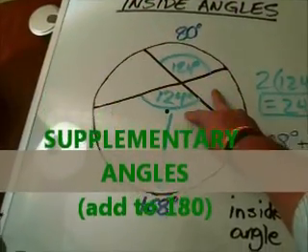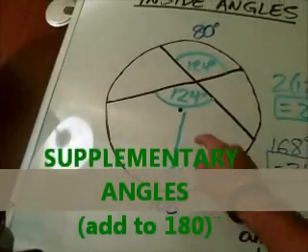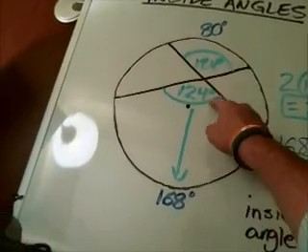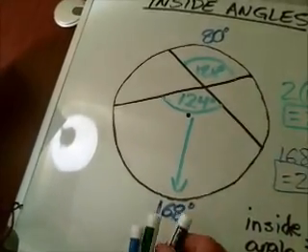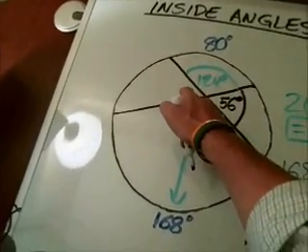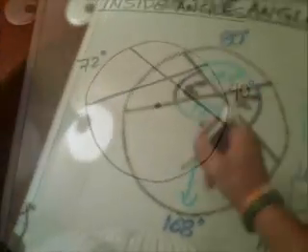They're supplementary because they are on a straight line. So if this is 124, I can subtract it from 180 to find that this angle here is 56 degrees. Now, these two are vertical angles, so this angle is also 56 degrees.